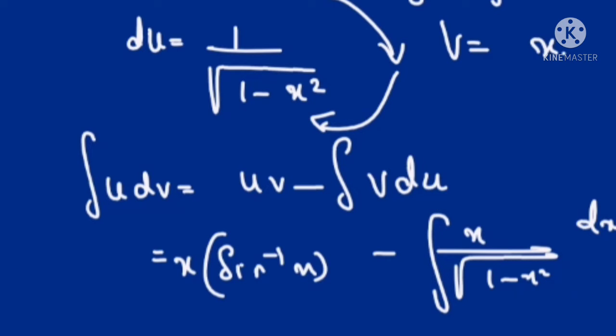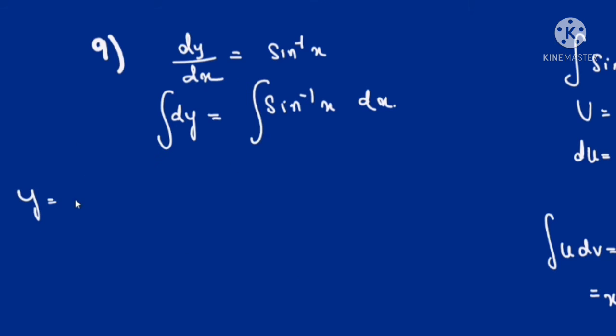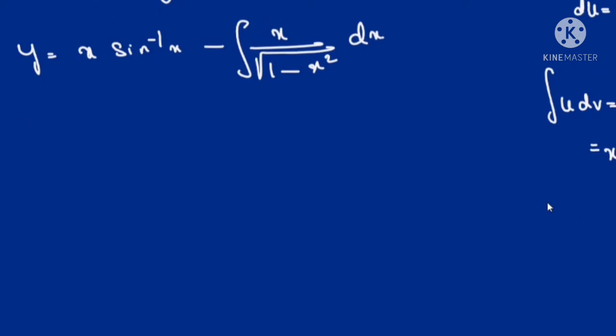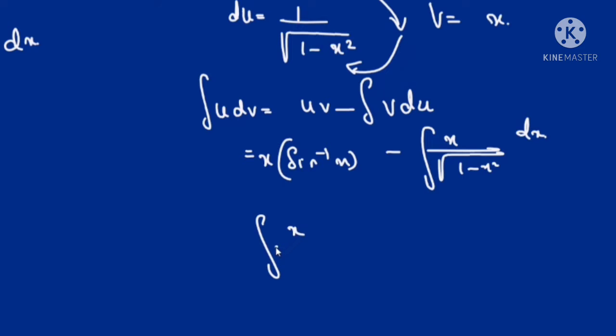So we can write here integration of dy is y. Integration of sine inverse x is x into sine inverse x minus x by root of 1 minus x square dx. Now you have to integrate this again. So integration of x by root of 1 minus x square.